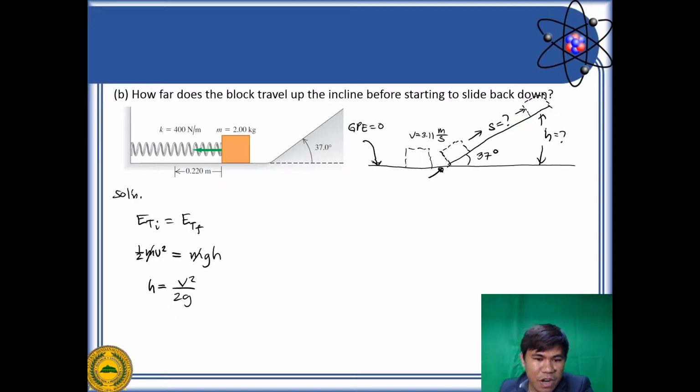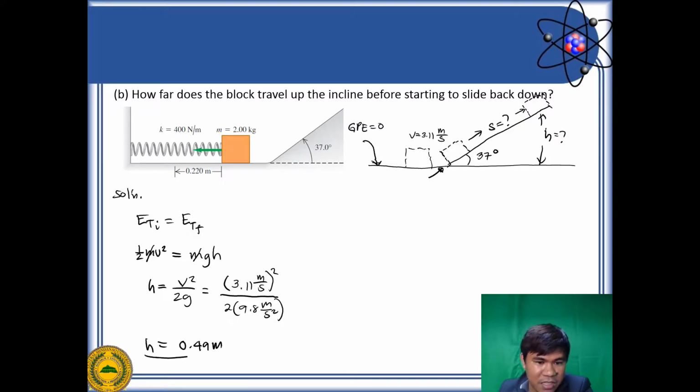When you substitute the values, we know that the speed here is equal to 3.11 meters per second, squared, divided by 2 times the magnitude of the acceleration due to gravity. So now when you solve for h, the corresponding value is just equal to 0.49 meters.